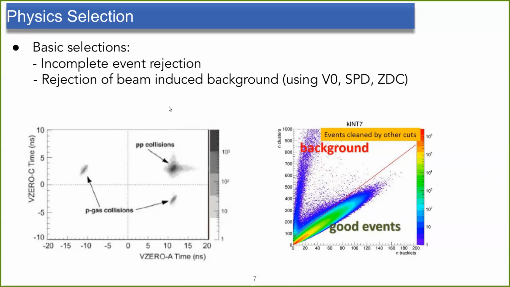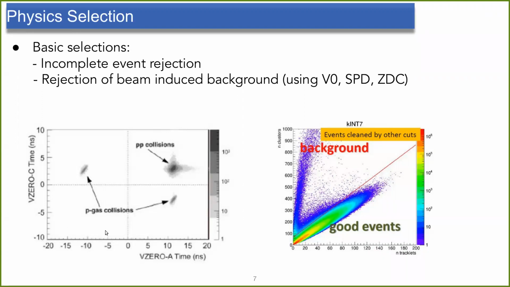Here I show two particular examples. For example, you can directly reject this beam-induced background by doing a correlation between the V0C time and V0A time. What is this V0A time? This V0A time is basically the time of flight of a particle from the interaction point to the V0A detector, and similarly for the V0C.